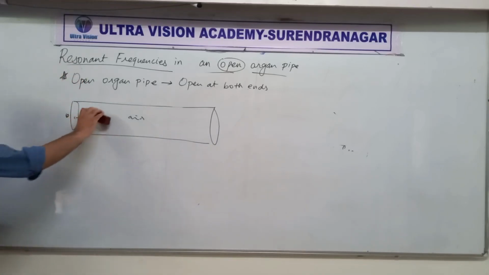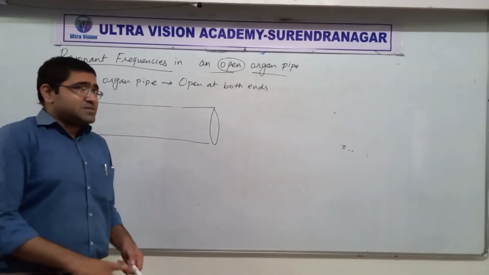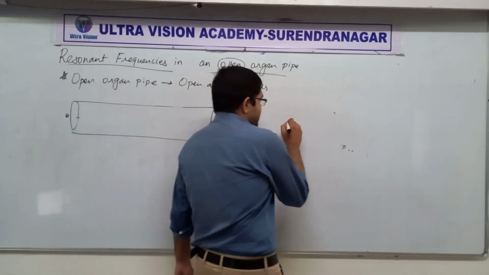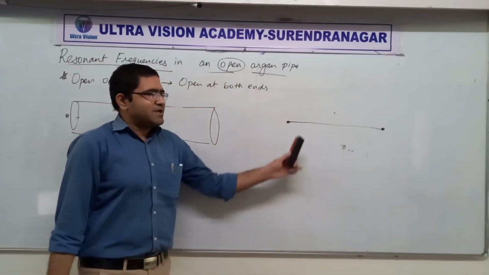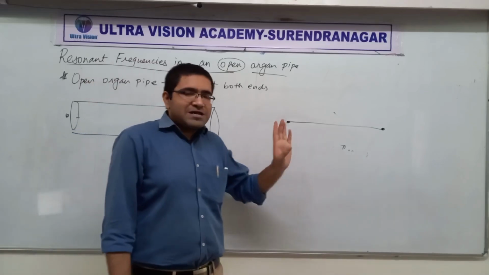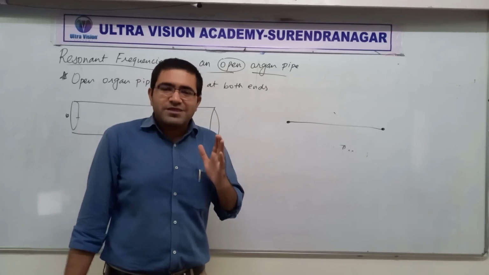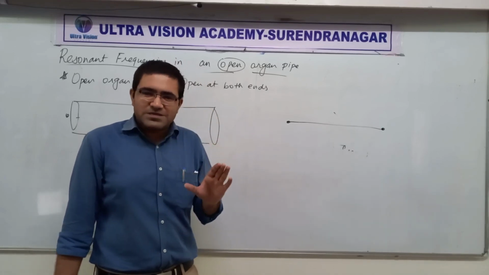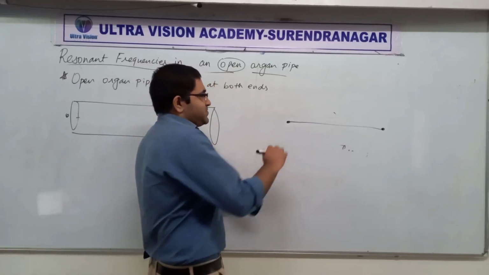So what happens is, listen to this carefully, just like for a string which is tied at both ends, there are only some frequencies for which resonance will occur. Why are there only some frequencies?